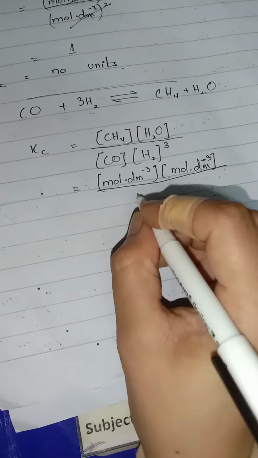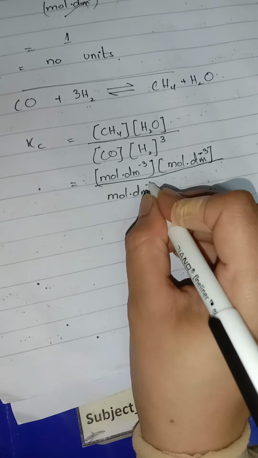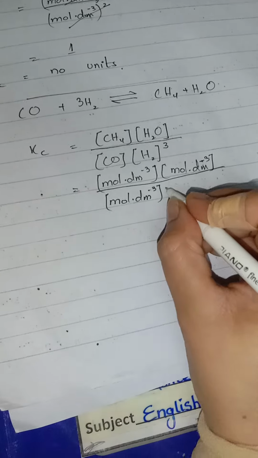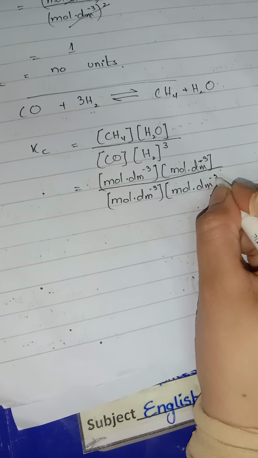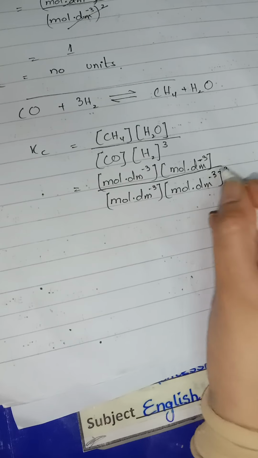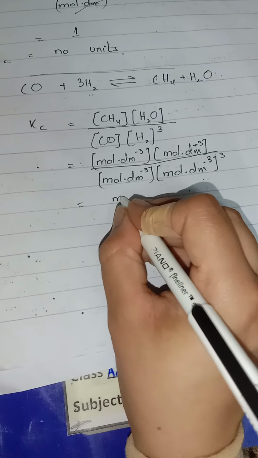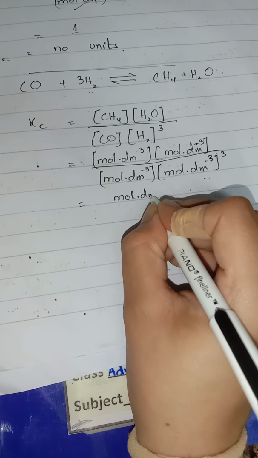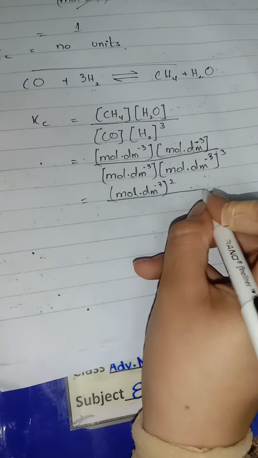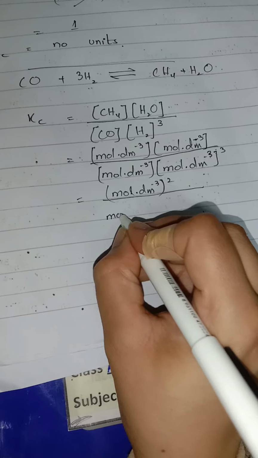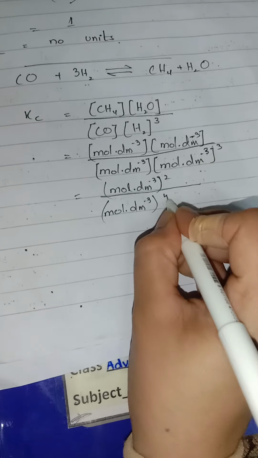Similarly, mole per dm cube raised to power 3. Collectively, when we are multiplying this, it will become mole into dm cube raised to power square, and mole dm cube 4.